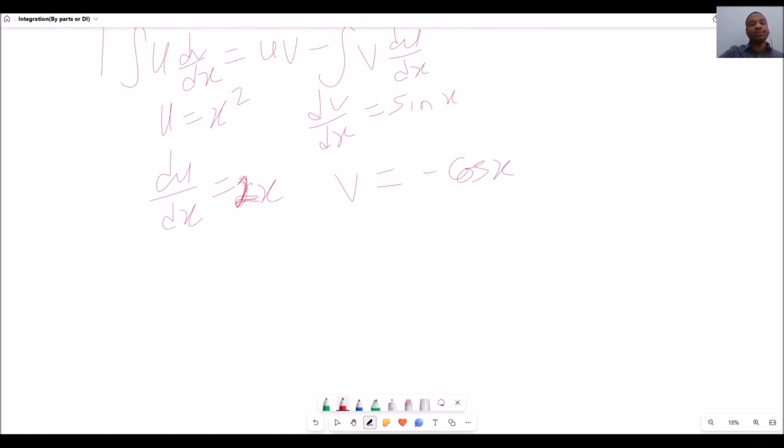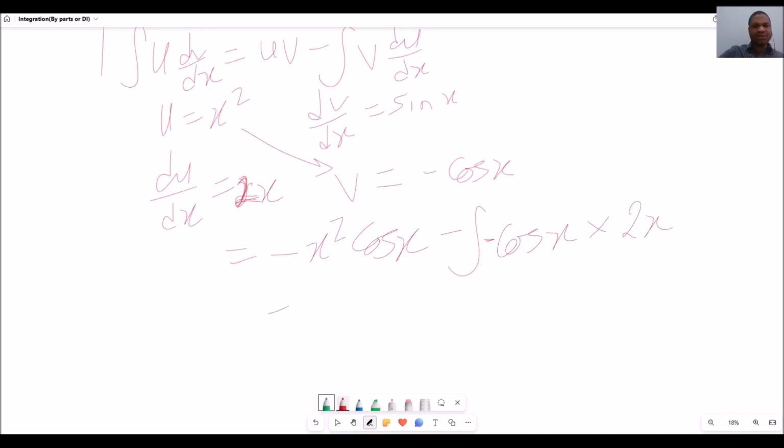So the formula will be uv, so x squared times minus cos x, so minus x squared cos x, minus the integral of v du/dx, so minus cos x, the minus and minus will be plus, times du/dx, 2x.